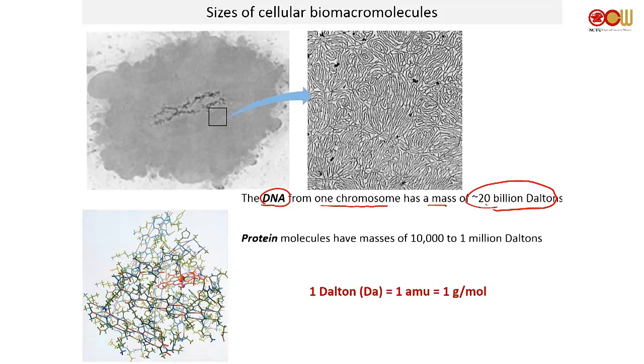Here is a very important unit definition called dalton. You probably learned this back in organic or general chemistry. Your professor probably just said, know this. A dalton is really nothing more than 1 gram per mole. It's 1 AMU. It's just a different name.